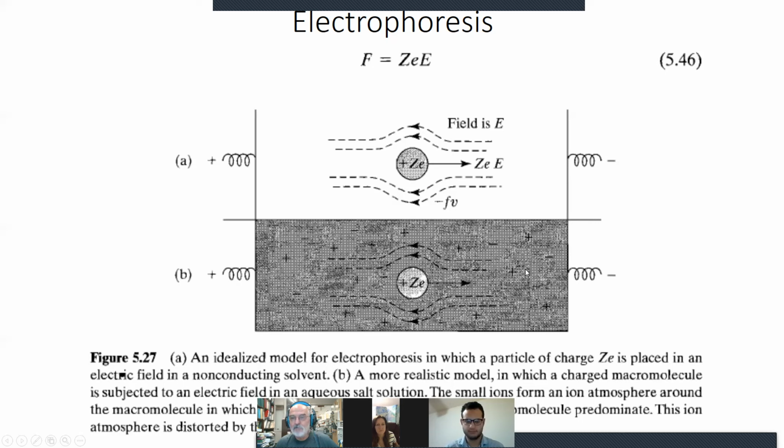Okay, so this is a simple sort of design, and it shows in a pictorial way what is going on. Notice the mobility to the right is counterbalanced by some kind of a frictional force, and that's the minus fv.